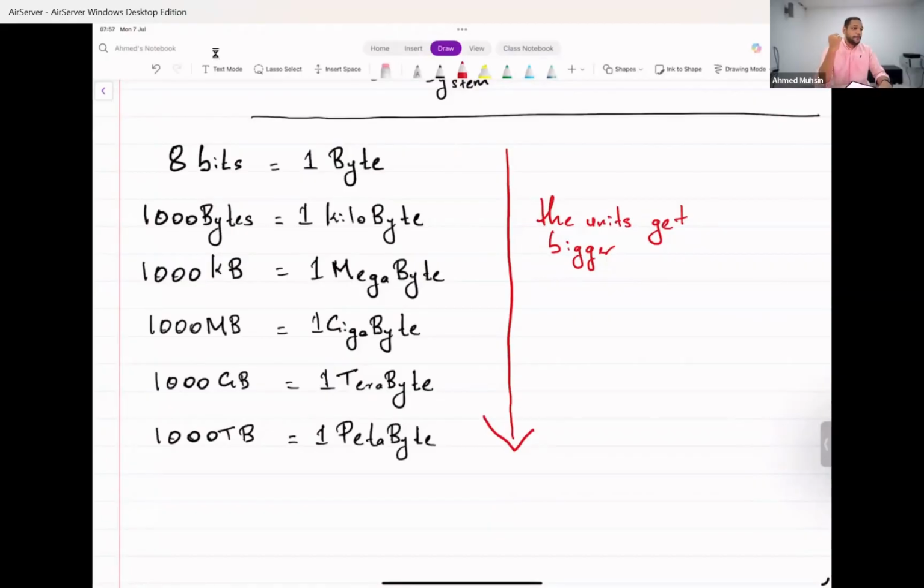Have you taken them down? Okay. I want you to take down one more note over here. This is a rule that you all must remember.